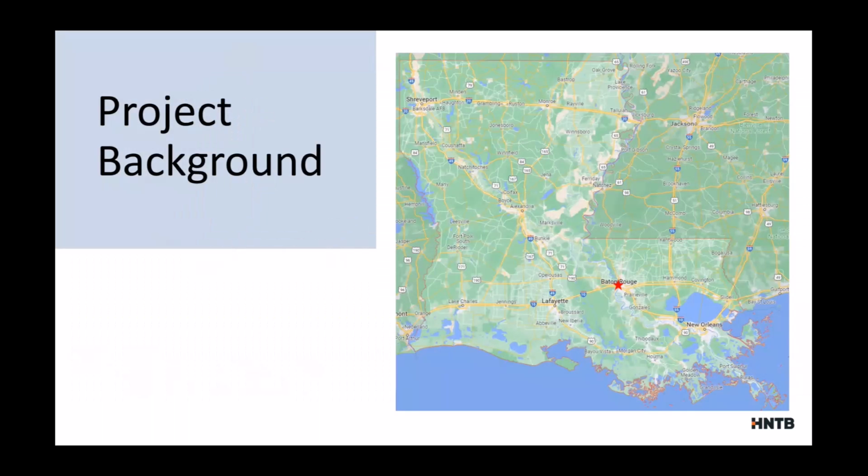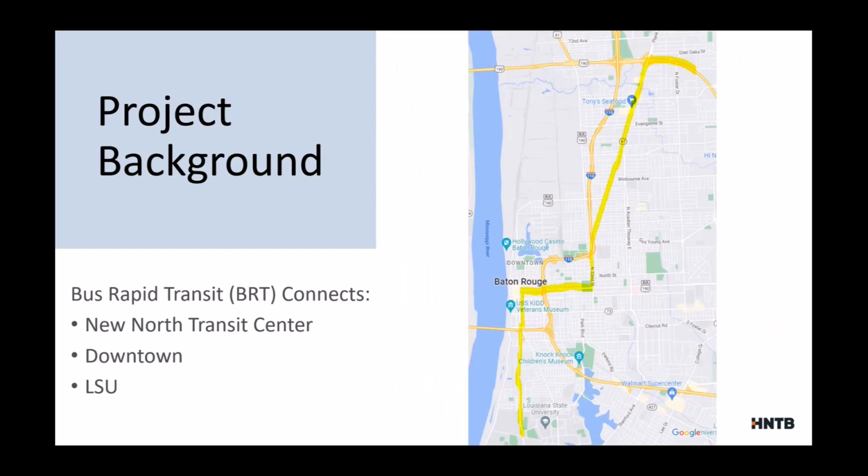So a little bit of background. This project is in Louisiana. It's in Baton Rouge, which is in the southeast portion of the state along the Mississippi River. It's the capital of Louisiana. Our BRT route, you can see downtown Baton Rouge kind of in the middle on the left there along the Mississippi River. Our project runs from a new North Transit Center up at the north end in the top right of the map there, down through downtown following the yellow highlighted route.